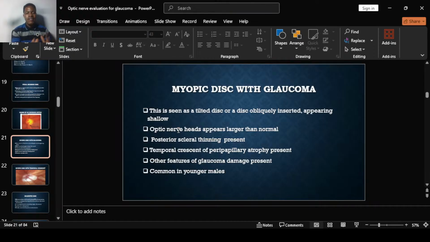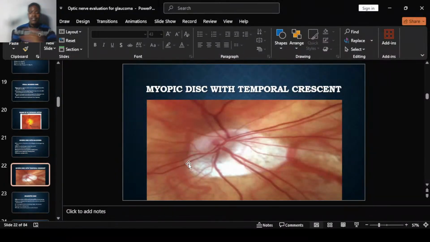So you see this kind of disc. Let me show you a picture of what I'm talking about. This is what the myopic disc looks like with temporal crescent. This is the temporal crescent where my cursor is. If you look at it, it's as if it is not properly aligned. It's as though it is tilting to a particular part. So this is what we call a myopic disc with glaucoma.